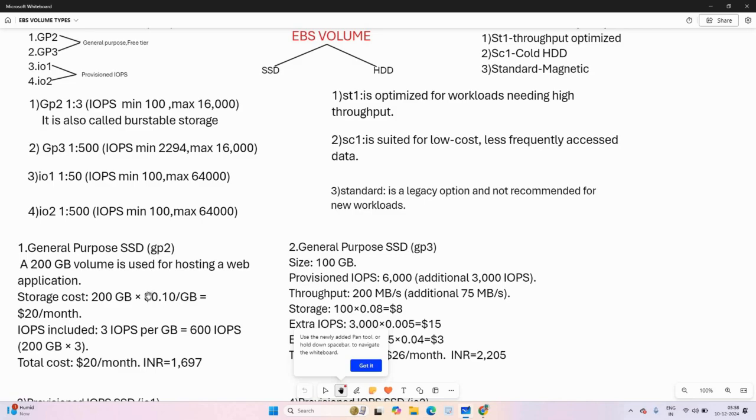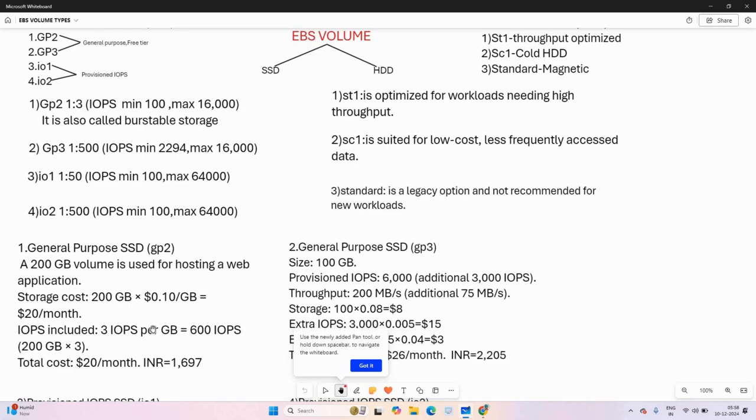The Amazon given pricing is $0.10 per GB. So 200 into 0.10, it is $20 per month.